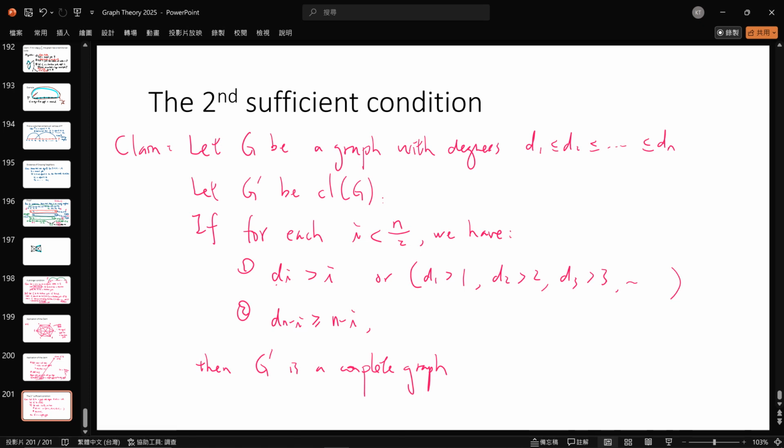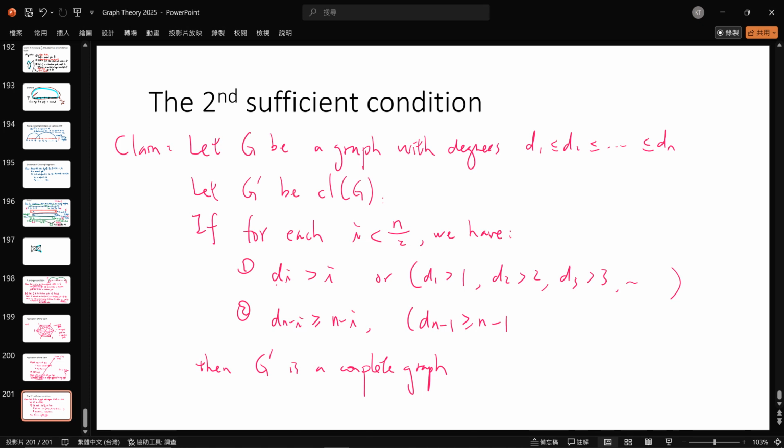Or, if indeed this small degree is really small, there's still a chance that we can have a Hamiltonian cycle. So to compensate for this small degree, we have to make sure that there's one vertex that has a large degree, okay? So this means d_{n-m} is at least n-m.